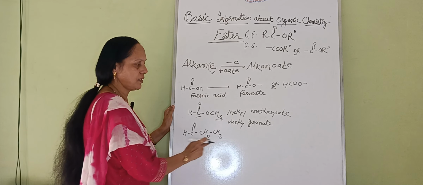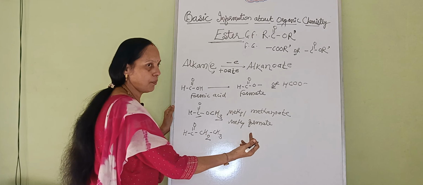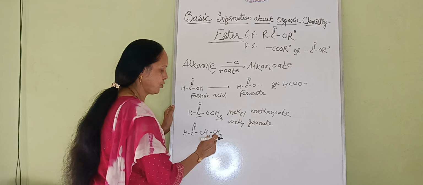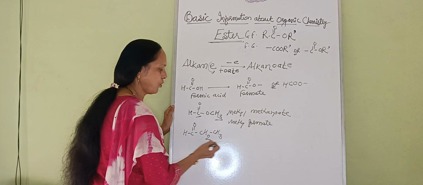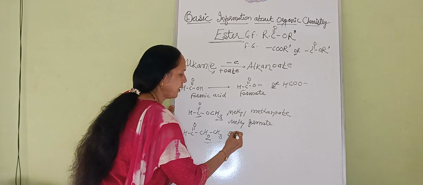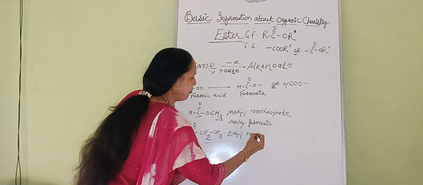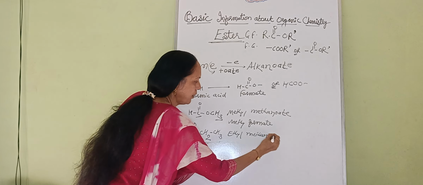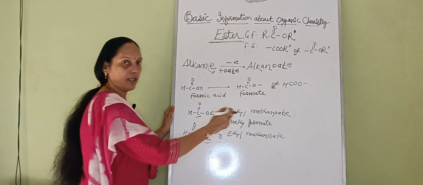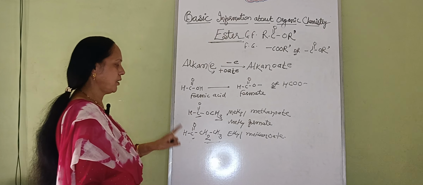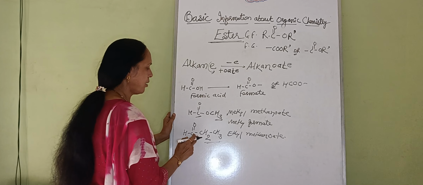Two carbons means ethyl. So the IUPAC name: two carbons is the ethyl group, and one carbon means methane, so the compound is ethyl methanoate.